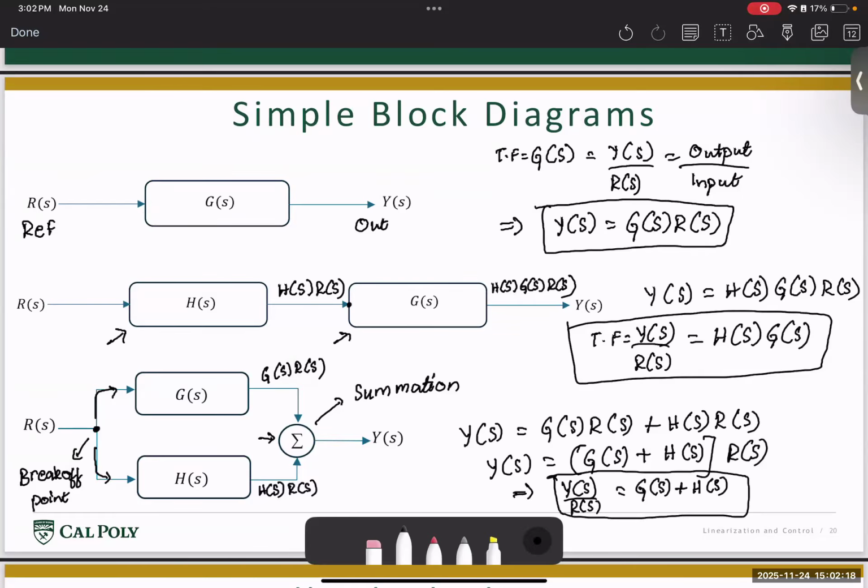If two blocks of the system are connected in series, then the transfer functions of the two blocks get multiplied.